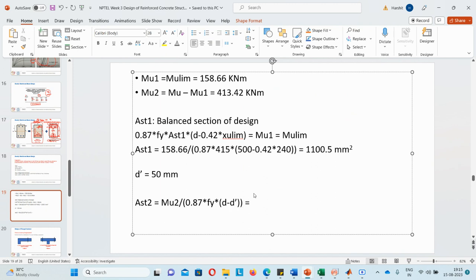What is Mu2? Mu2 is nothing but 413.42 divided by 0.87 times 415 times, d is 500, and d dash is 50. So just do the calculation.